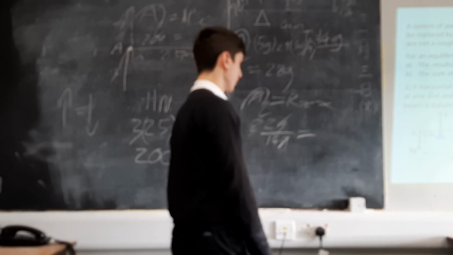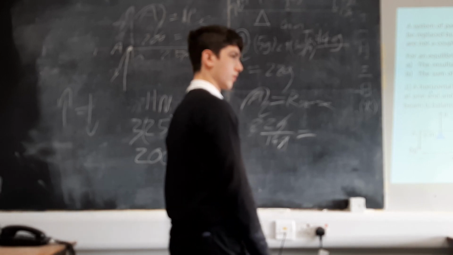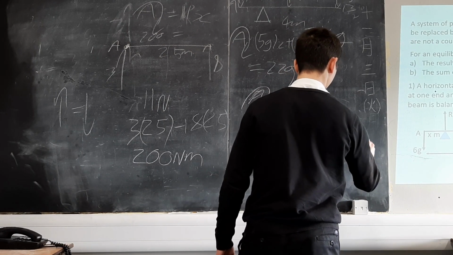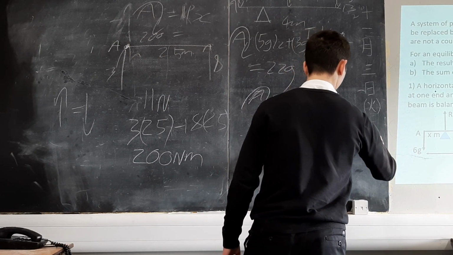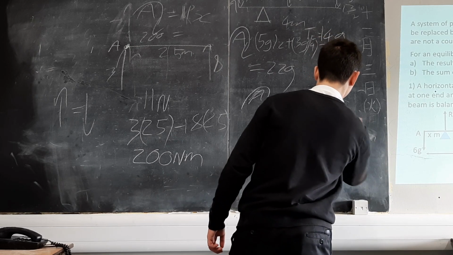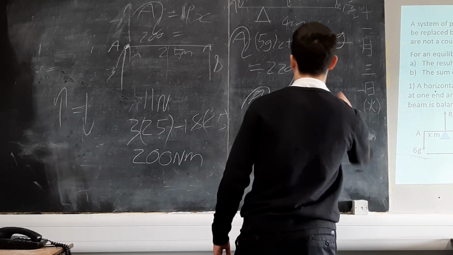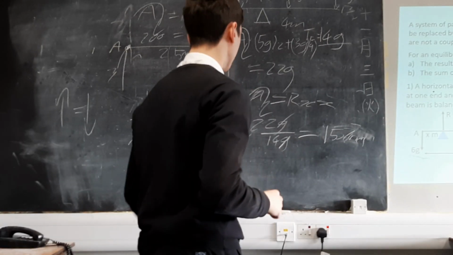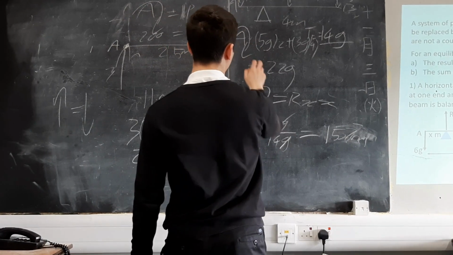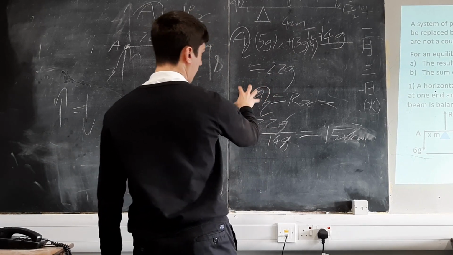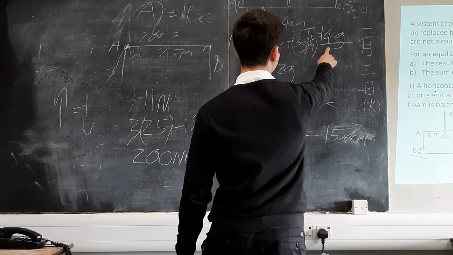Wait, 5 divided by G? 1.57, so like 1.663. Oh wait, R is equal to 6G plus 5G plus 3G, which is equal to 15 meters. That's this point. Okay, so we found the roundabout of A.